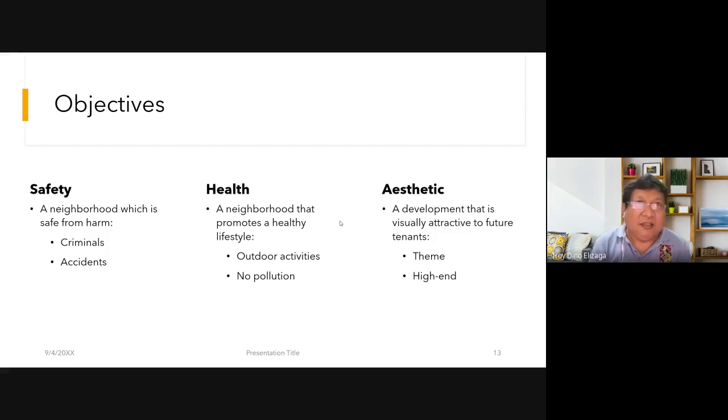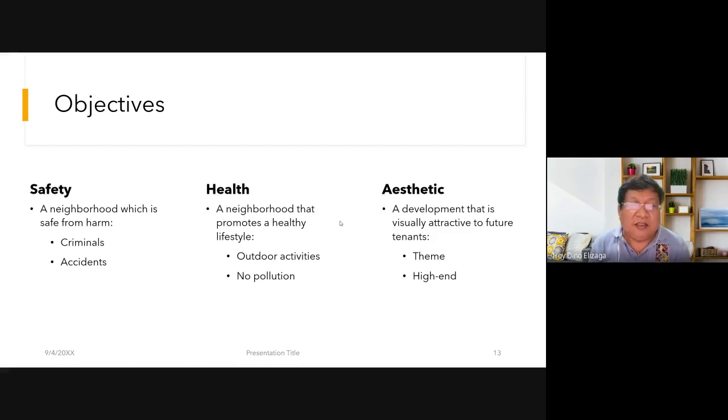So the road has to be designed so that people do not accidentally get run over, or no one stumbles because there are so many humps, or there are no signages, or they get lost because the roads are designed like a maze. So anything that has to do with safety.